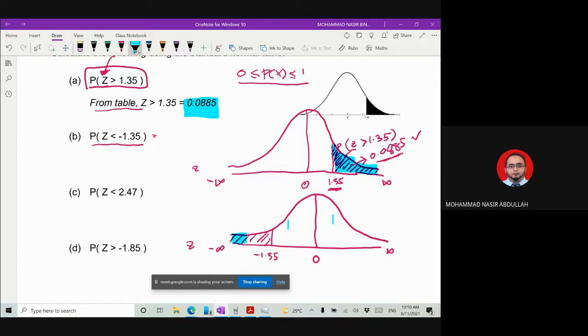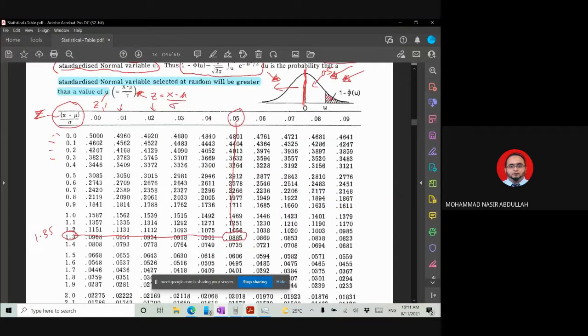If you want to find the area on the left hand side, it's also equal to the area on the right hand side dekat sini, as long as the numbers are equal, right? So we can look into the table for 1.35, even though they give us the area to the right hand side, we can mirror it to the right hand side.